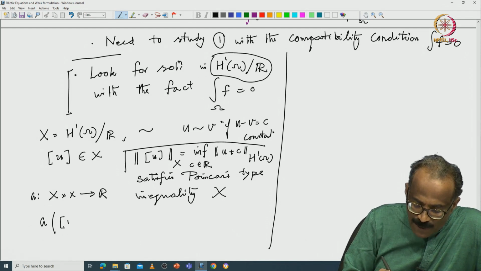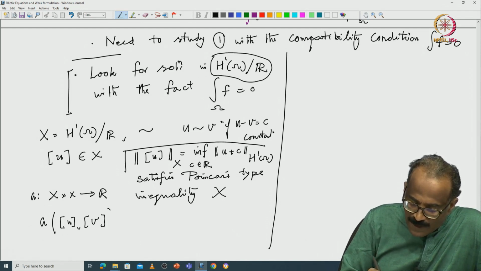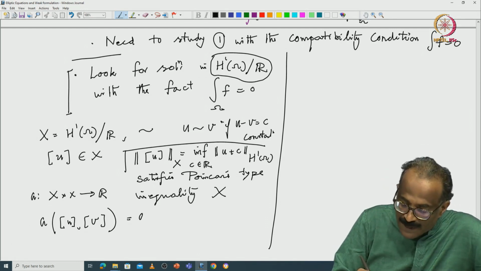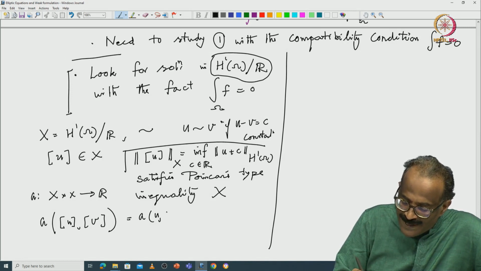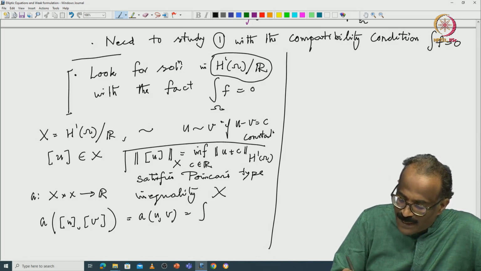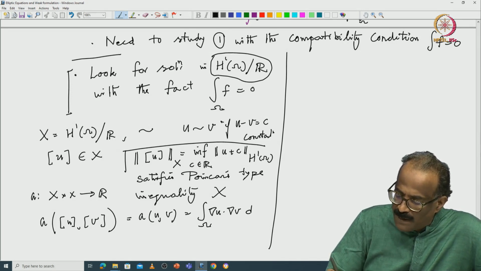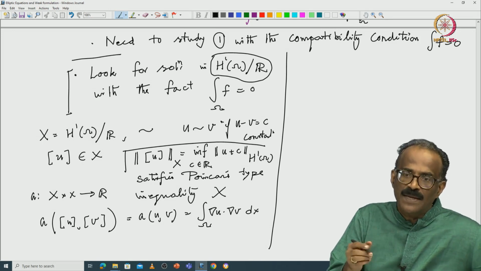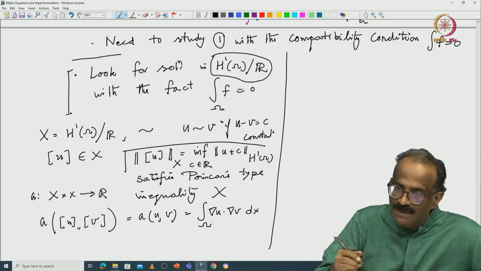you define A(u, v). You pick any element, it does not matter, it is well defined. A(u, v) is equal to the integral of grad u grad v, because whatever element you pick from the equivalence class u, the gradient of that equivalence class is the same.